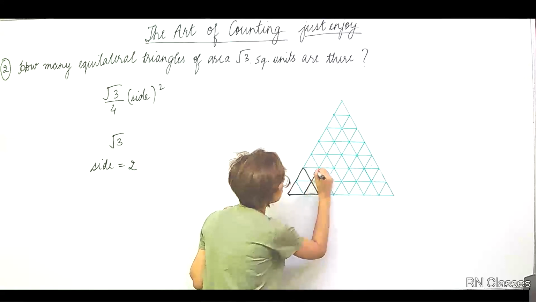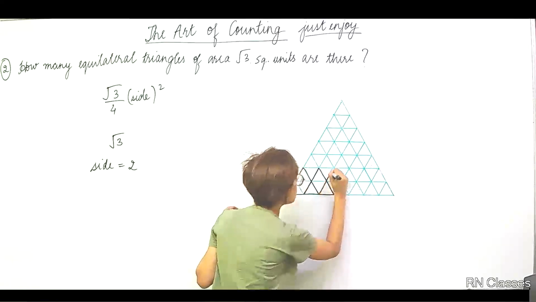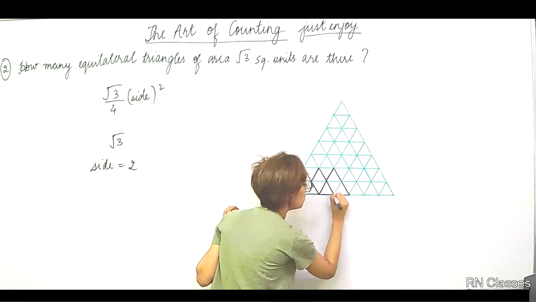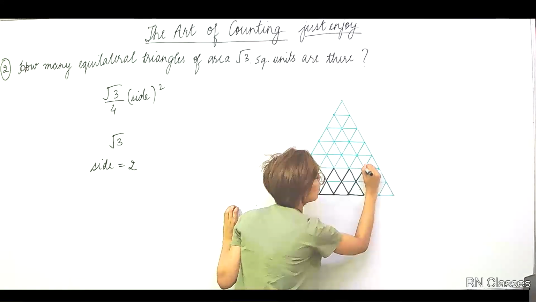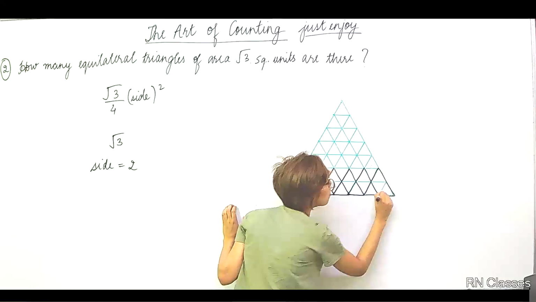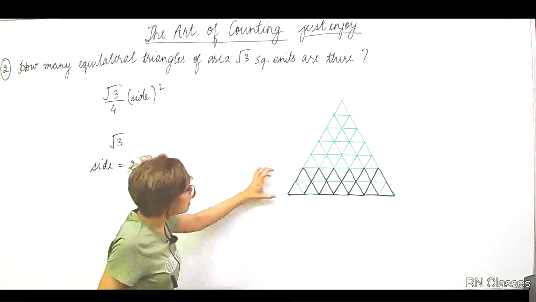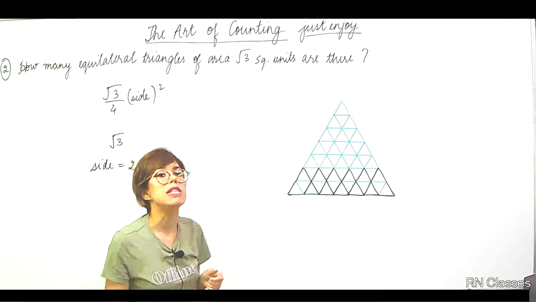Second one might be this. 2. Then 3. Then 4, then 5, then 6. In this block, it seems like I have 6 equilateral triangles with sides 2.